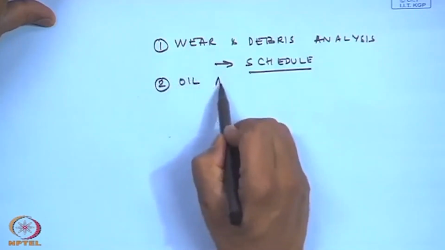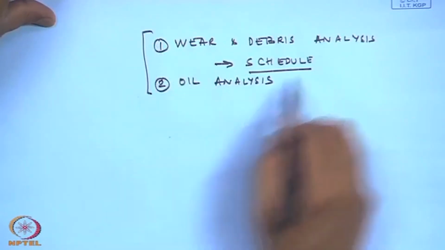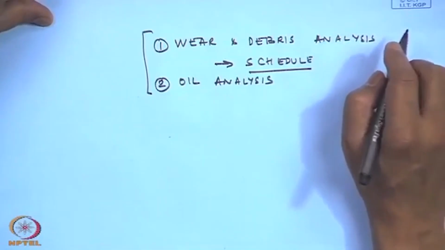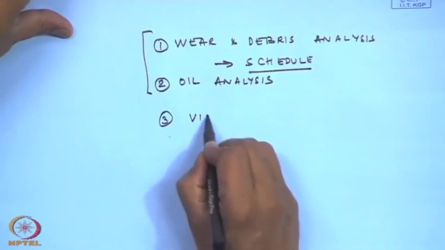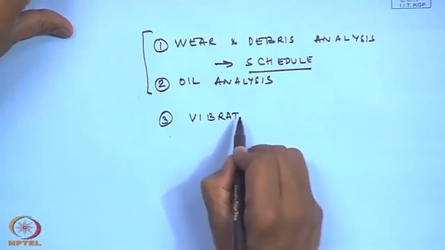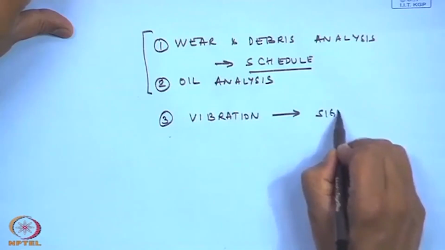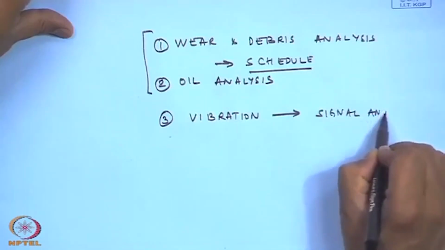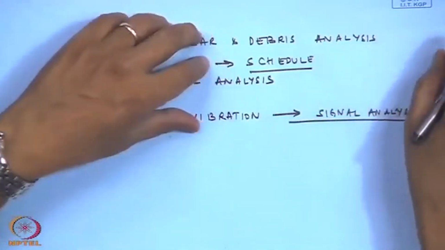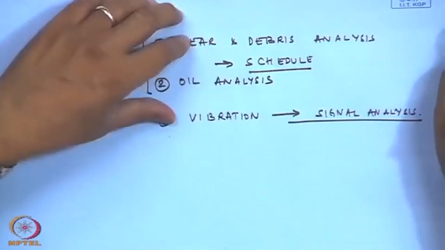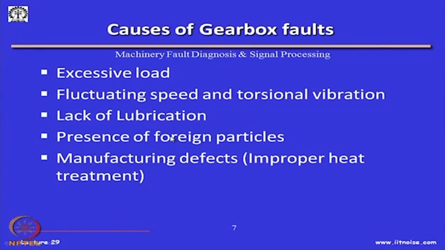That is for the gearbox. But of course, a much quicker way is to monitor the vibration and do some sort of signal analysis, and then find out the fault in this gearbox. So, we will come to how this signal analysis is done.